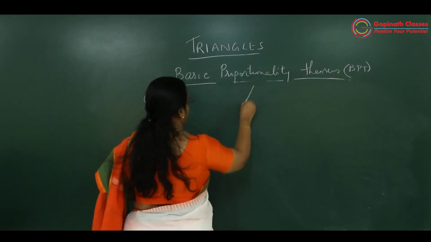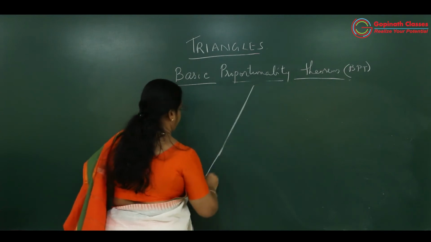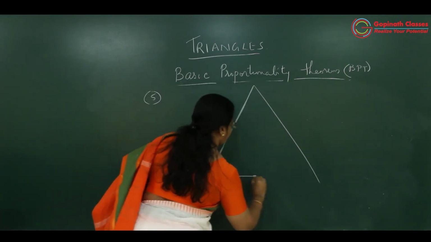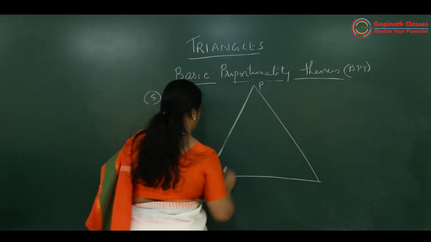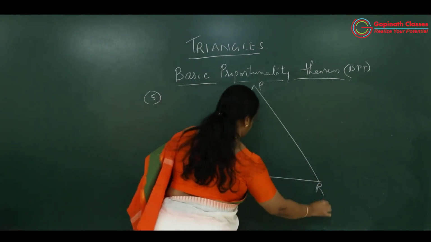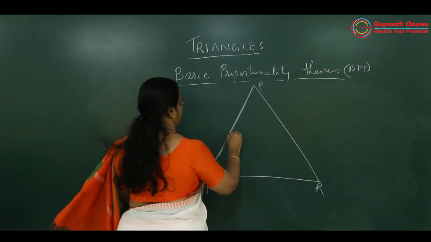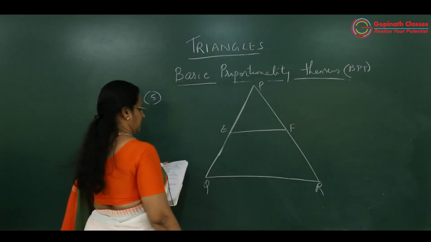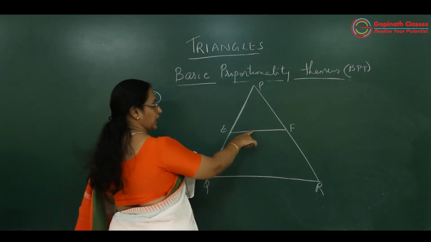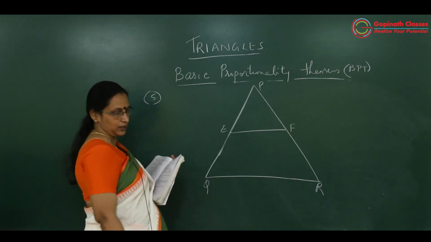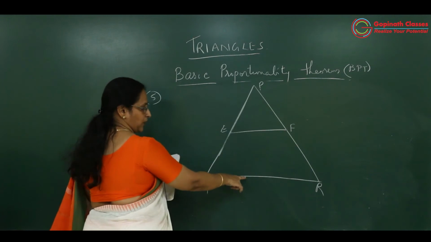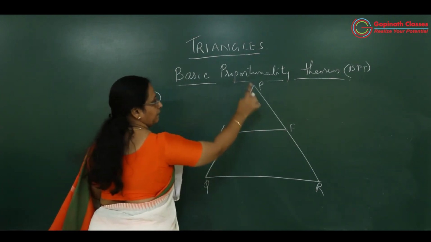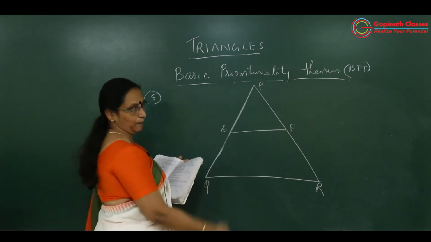Look at the figure. हमें प्रूव करना है EF is parallel to QR. Actually, if you have to prove these two are parallel, what you need to prove is PE by EQ is equal to PF by FR. तो ये दोनों parallel होगा.